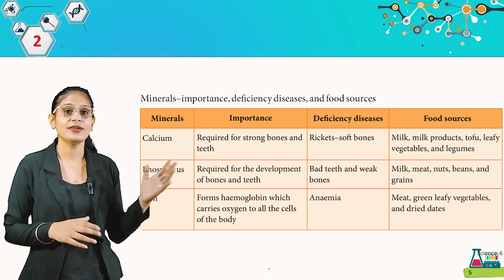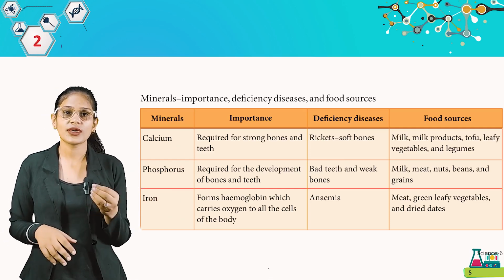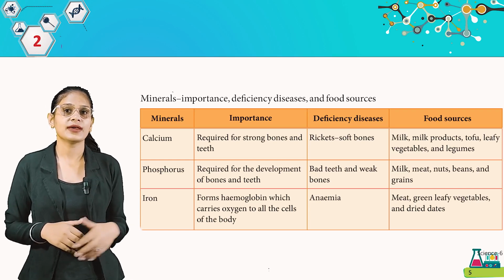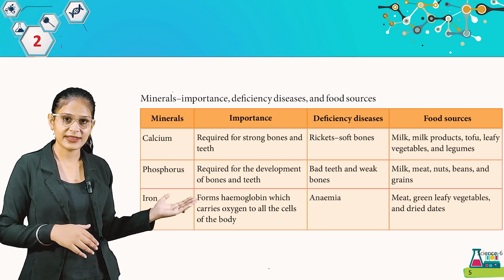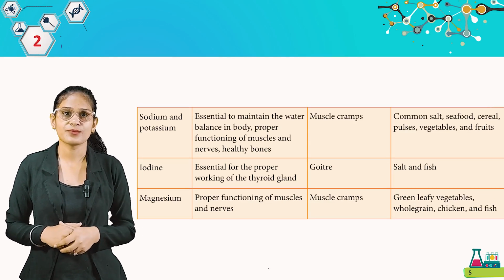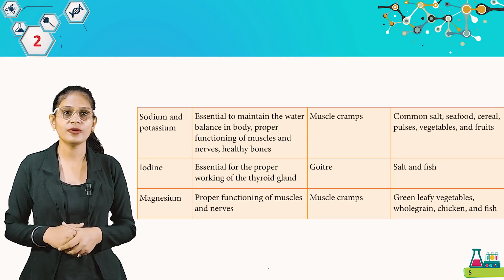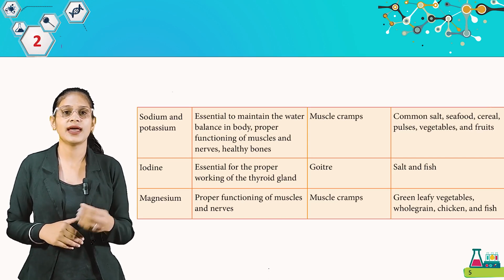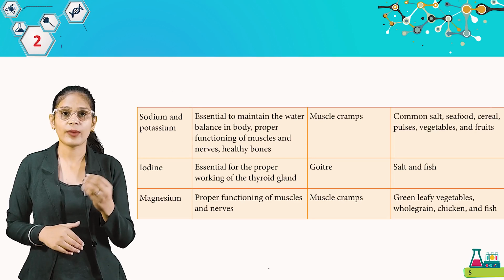Here is iron, forms hemoglobin which carries oxygen to all the cells of the body. Anemia; sources are meat, green leafy vegetables and dried dates. Sodium and potassium are essential to maintain the water balance in the body, proper functioning of muscles and nerves, healthy bones. Muscle cramps.